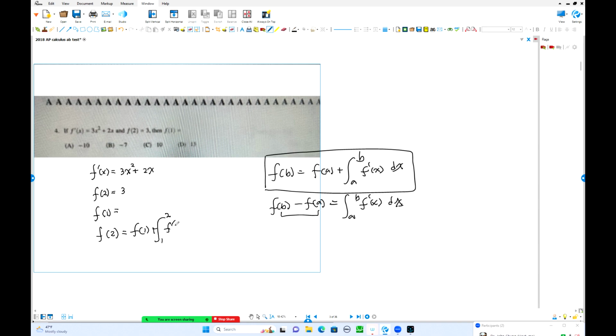That's the fundamental theorem of calculus. Now we're going to find f of 1. We take 1 and 2, and f prime is given over here: the integral of 3x squared plus 2x dx.